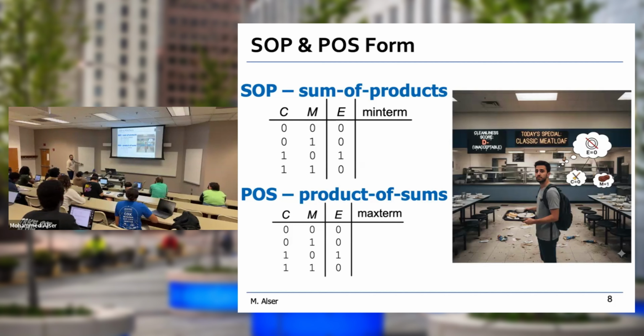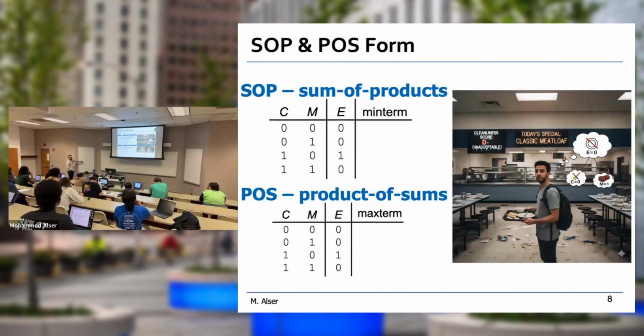Then we need to look at the output. Excellent. Which value? 0 or 1? 1. This one is the only one providing an output of value 1. So we take this min term, and that would be our equation.